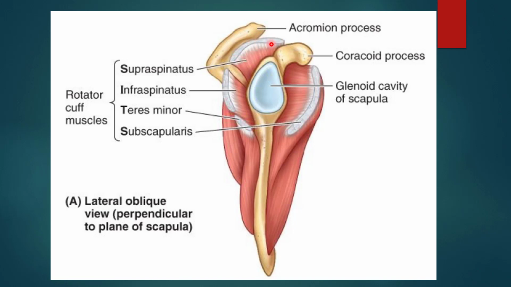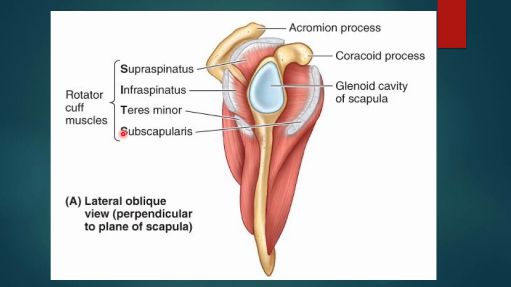This is supraspinatus, this is infraspinatus, this is teres minor, and this is subscapularis. They wind around and form a rotator cuff around the shoulder joint. That's why they are named rotator cuff muscles. And see here, SITS.